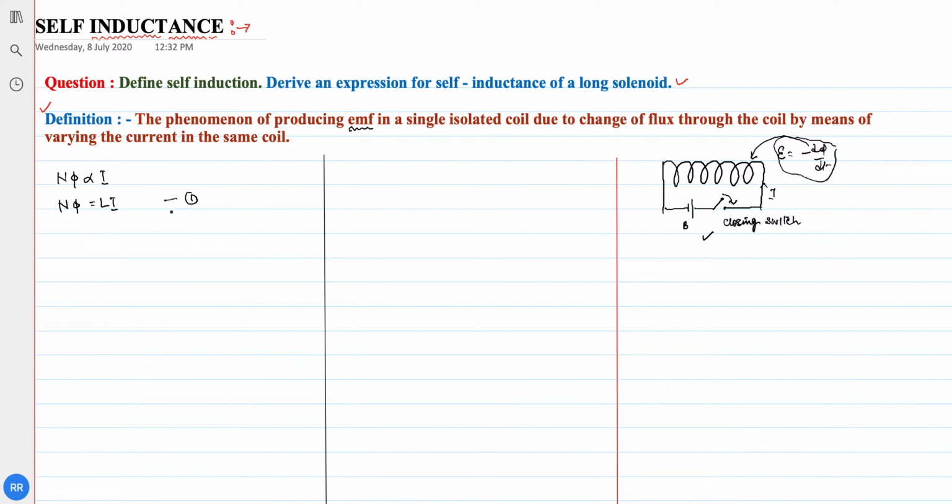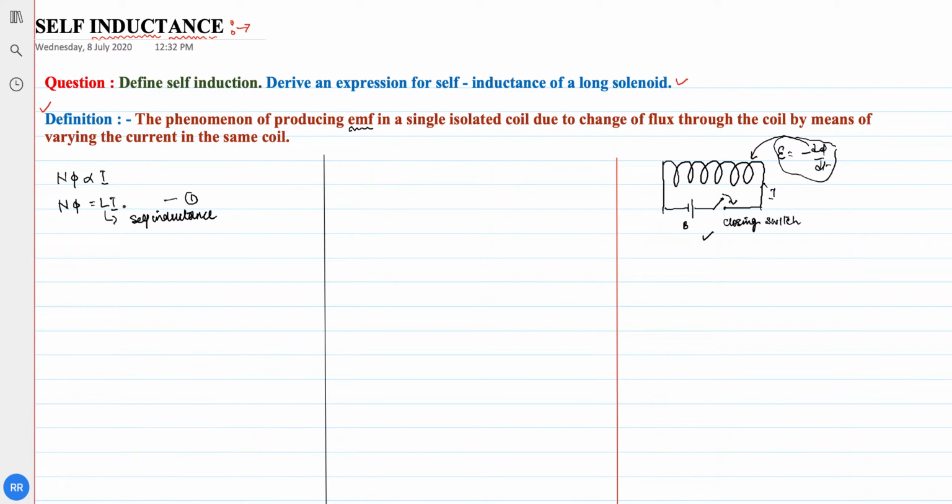Here L is the constant of proportionality, and it's called self-inductance. L is called self-inductance. This article will be very, very interesting for you. It's called self-inductance of the coil, and you can say it's a coefficient of self-induction also.